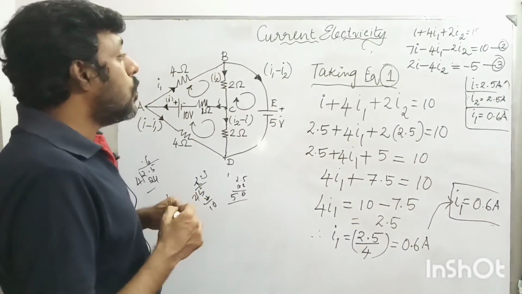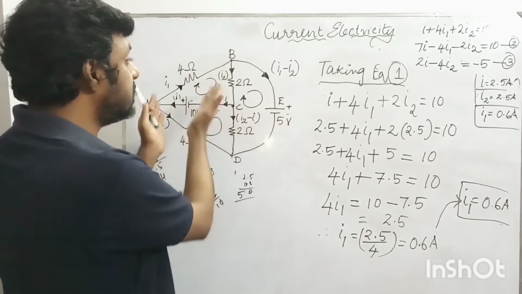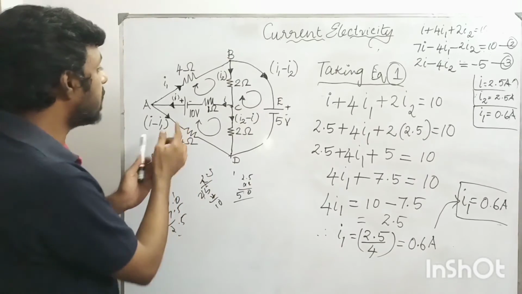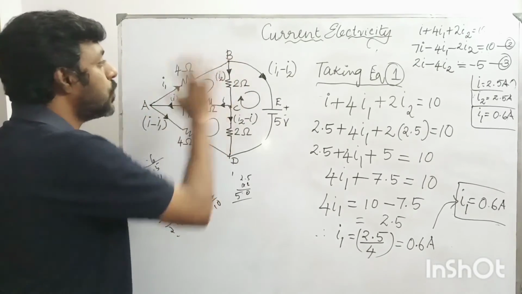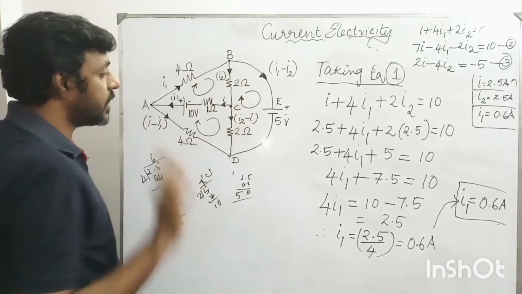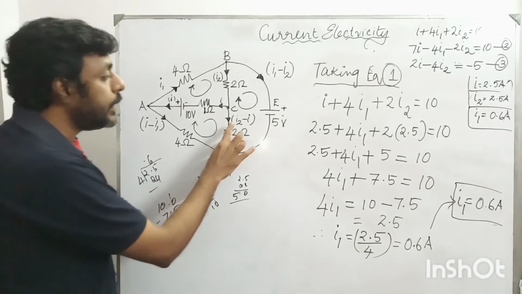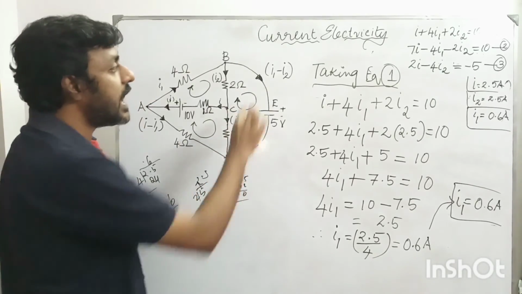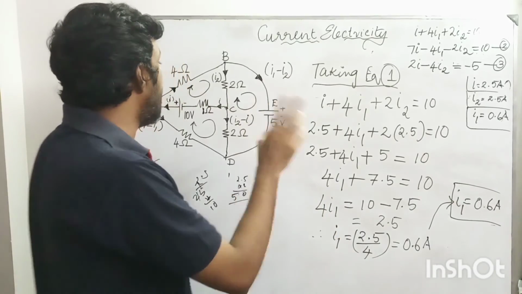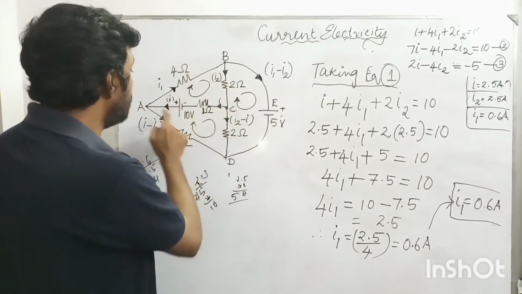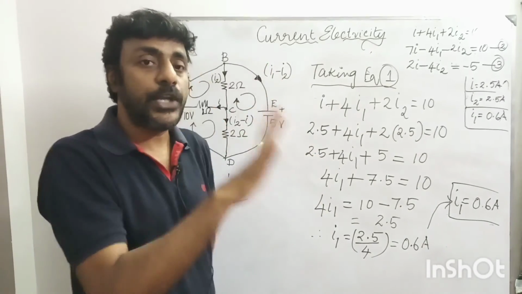Now we need to find the branch currents. What are the branch currents here in this loop? I is one branch current, I1 is one branch current, I2 is another branch current, I minus I1 is a branch current, I2 minus I is a branch current, and I1 minus I2 is also another branch current. So we have totally 1, 2, 3, 4, 5, 6 branch currents we need to find now.